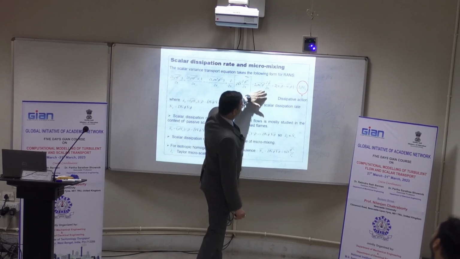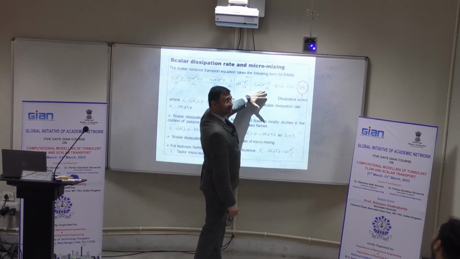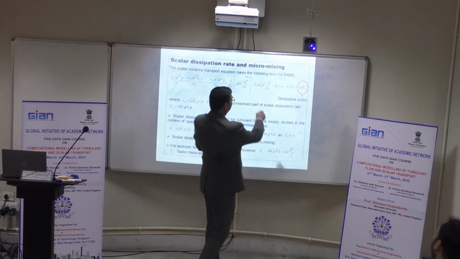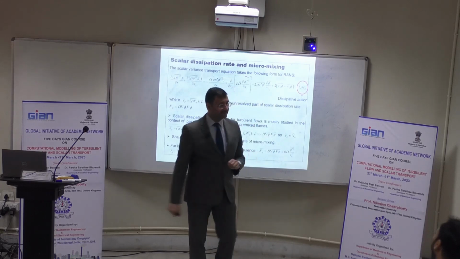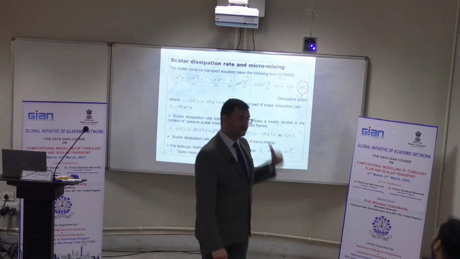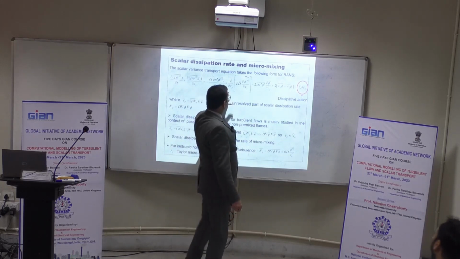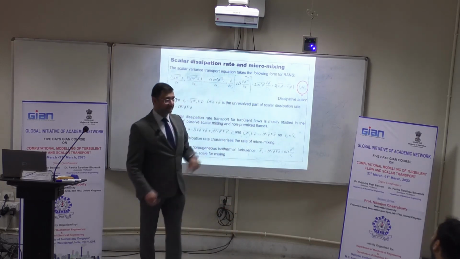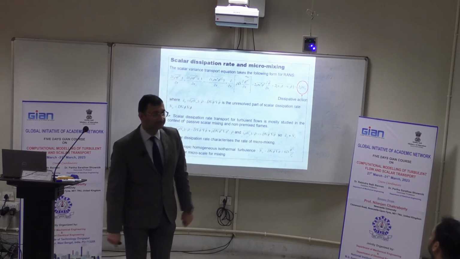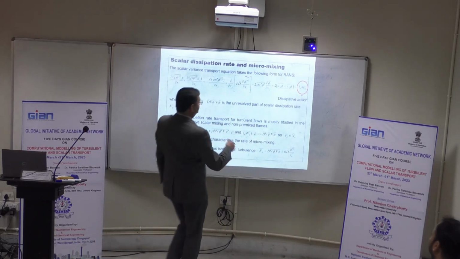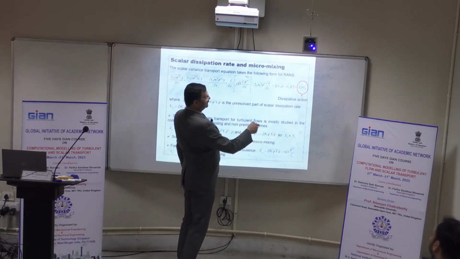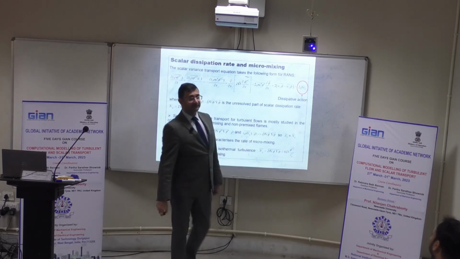But if you're thinking about a situation where gradient transport happens, then this term always generates scalar variance. It's a positive term. Okay? These two are not a source or sink. They just redistribute. This one is a generation term because of the chemical reaction.